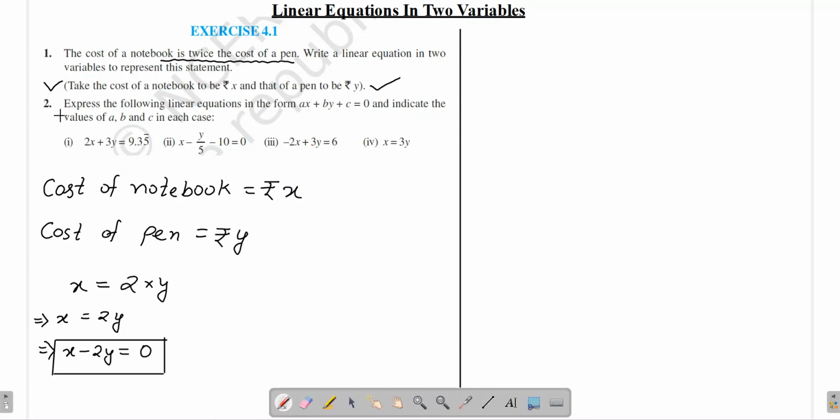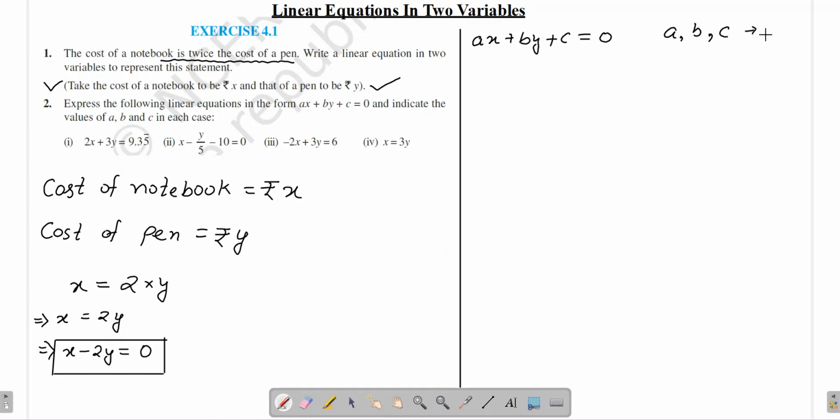It says express the following linear equations in the form of ax plus by plus c equals 0. We have already studied in the previous lecture that the standard form of any linear equation in two variables is always in the form of ax plus by plus c equals 0, where a, b and c are constants.